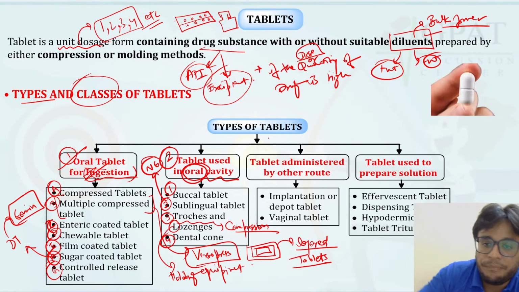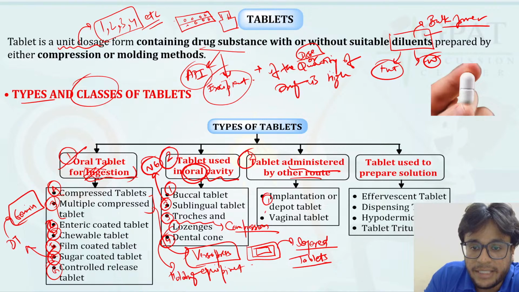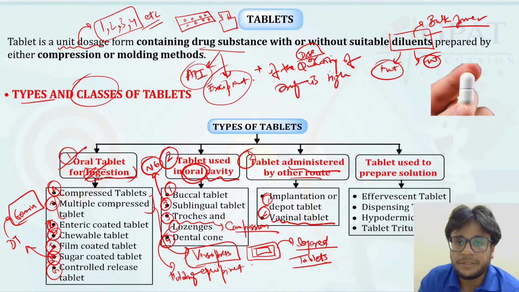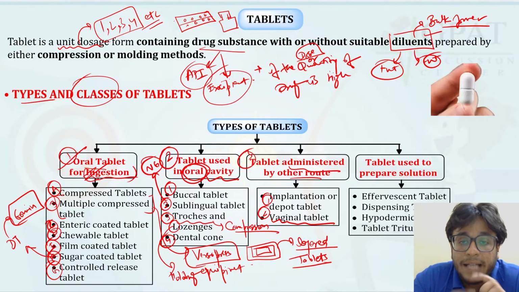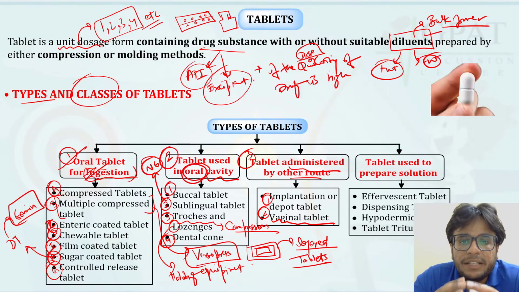Then we come to the tablets that are given by other routes. They can be depots or implants and the vaginal tablets. The diluent used in a vaginal tablet should be hydrophilic in nature, or of the kind that can be solubilized in the vaginal cavity, because the fluid of the vagina is very little.